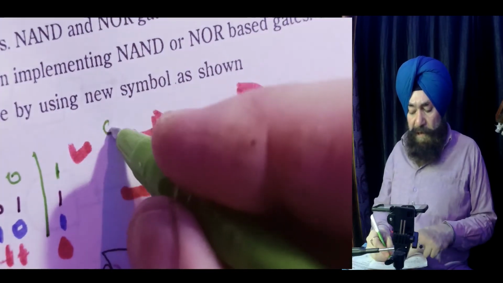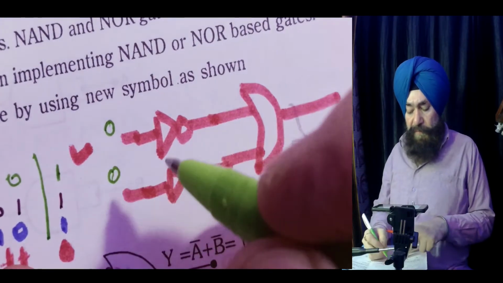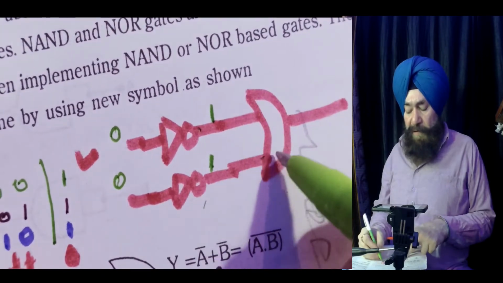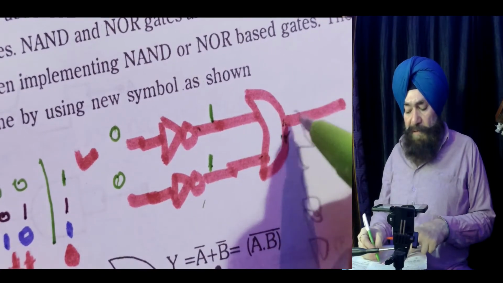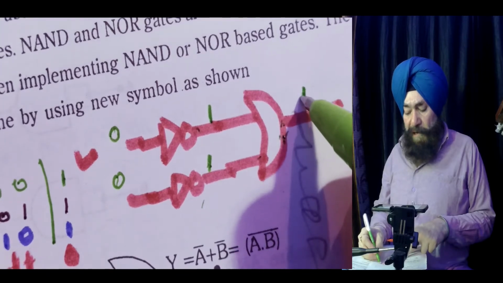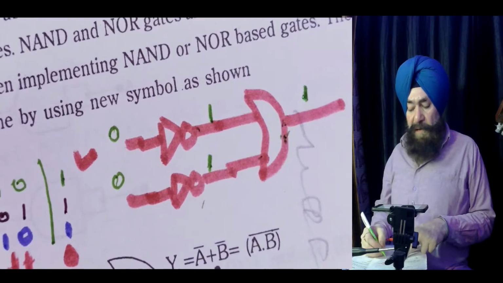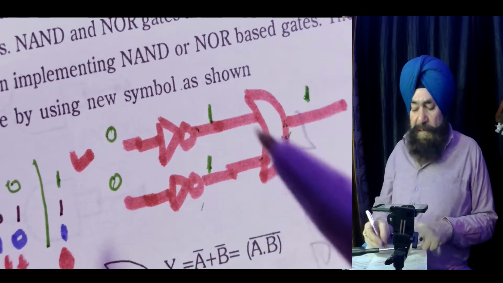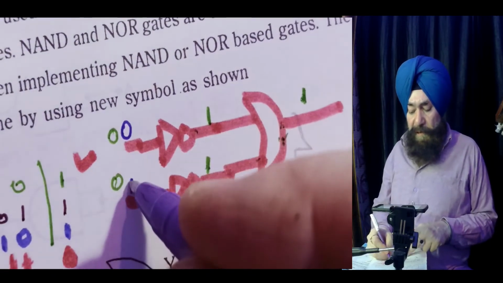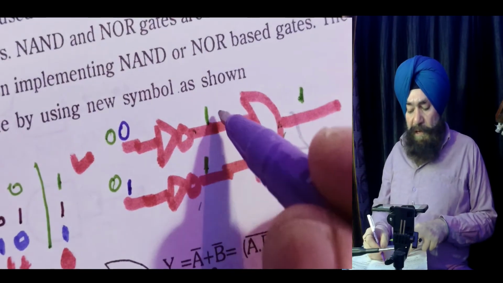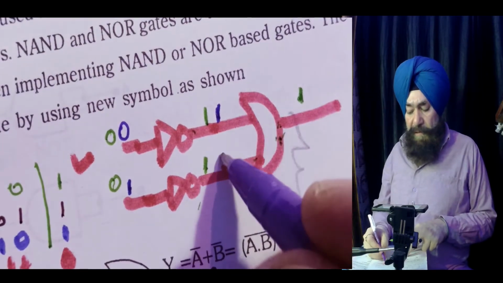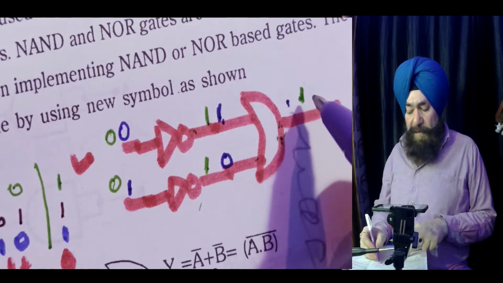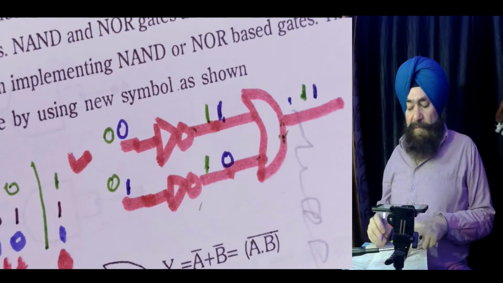If I give 0 and 0, that becomes 1 and 1. 1, 1 OR gives 1. Now if it is 0, 1, it becomes 1, 0, and it gives again 1.